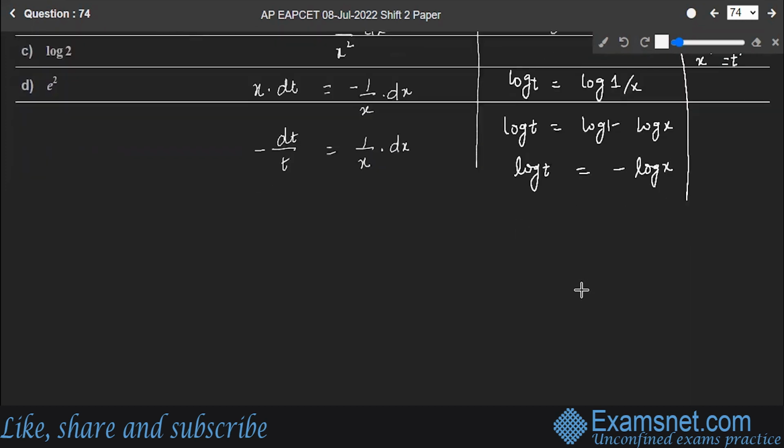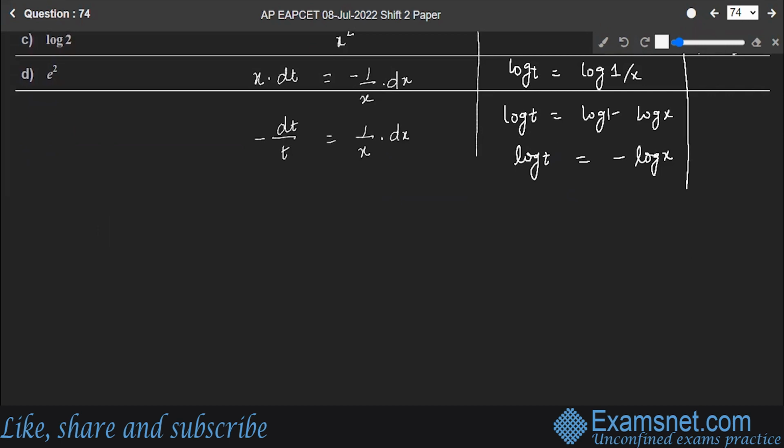So the question was 0 to infinity. Let's say this is I, 0 to infinity. It was x raised to power 12 plus x raised to power minus 12 log x upon x into dx, right? Now I'll be putting the whole x thing in terms of t, right?